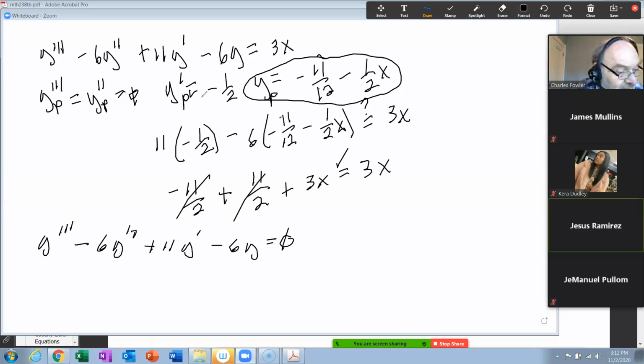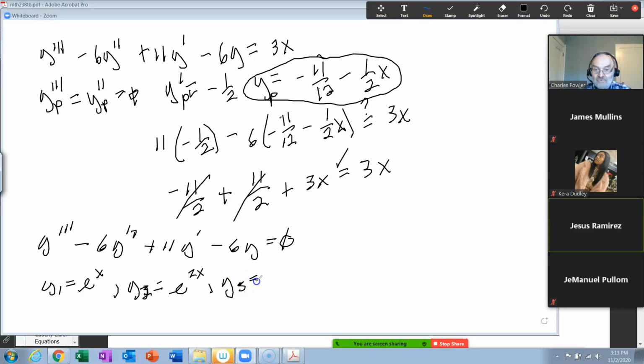But back in example 9, which is just the previous page, we found out that those three functions that we did last time, y1 is equal to e to the x, y2 is equal to e to the 2x, and y3 is equal to e to the 3x, are all solutions to that.